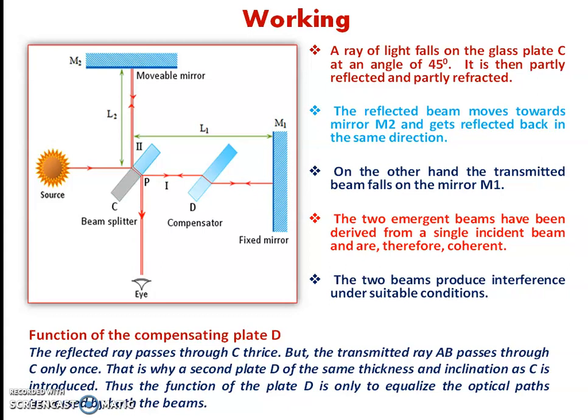That is why a second glass plate D of the same thickness and inclination as C is introduced. Thus the function of the plate D is only to equalize the optical path traversed by both beams. That means to overcome the optical path difference, we are using the compensating plate. So that's why we call it a compensator. So this is how the Michelson's interferometer works.